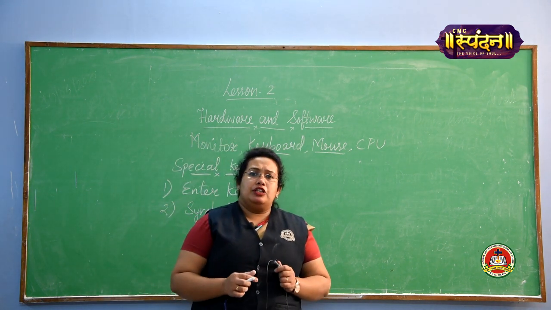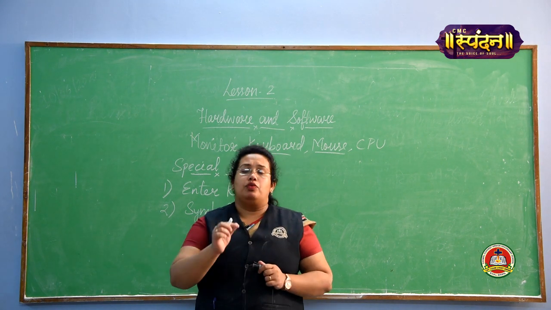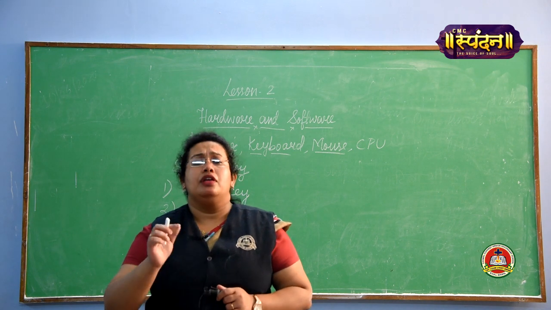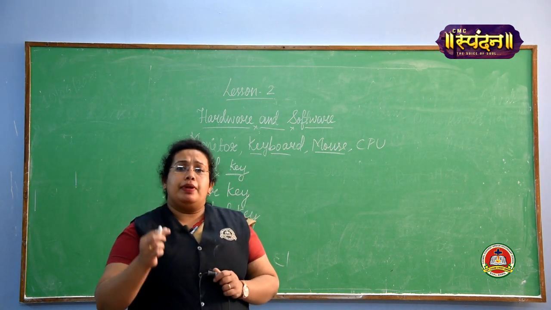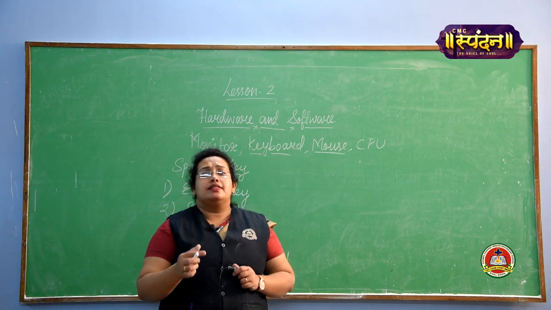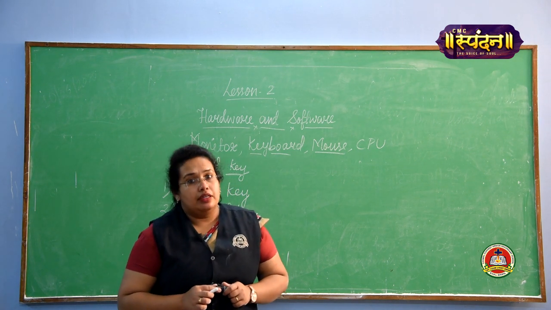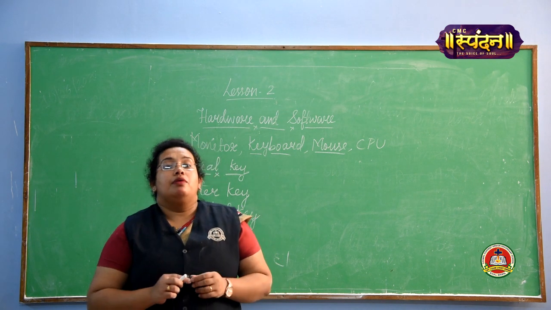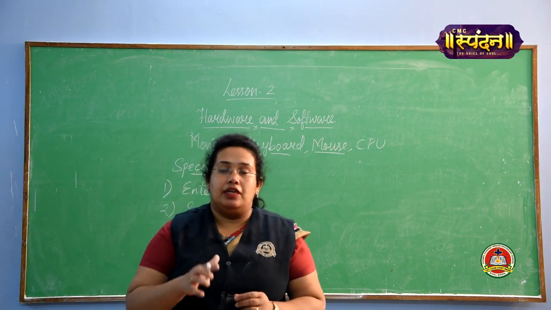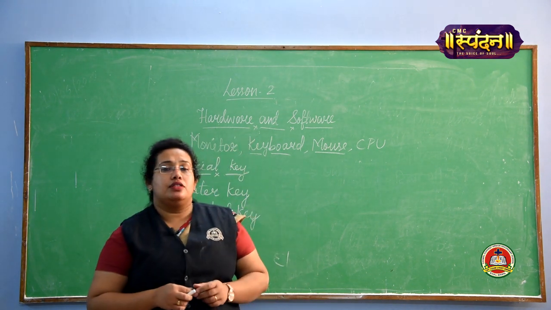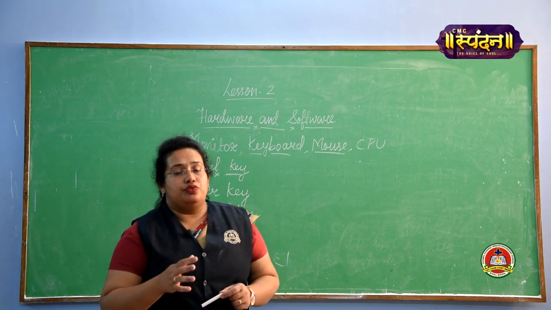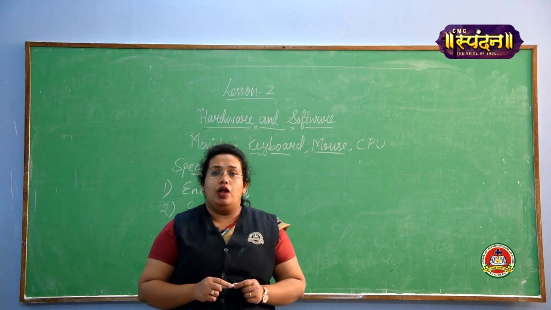Whenever you are typing and you want to put a full stop, a comma, a colon, a hyphen, an exclamation mark or a hash sign, all these come under symbol keys. We use symbol keys to make our passage very clear, showing where a new line starts and where our passage ends.